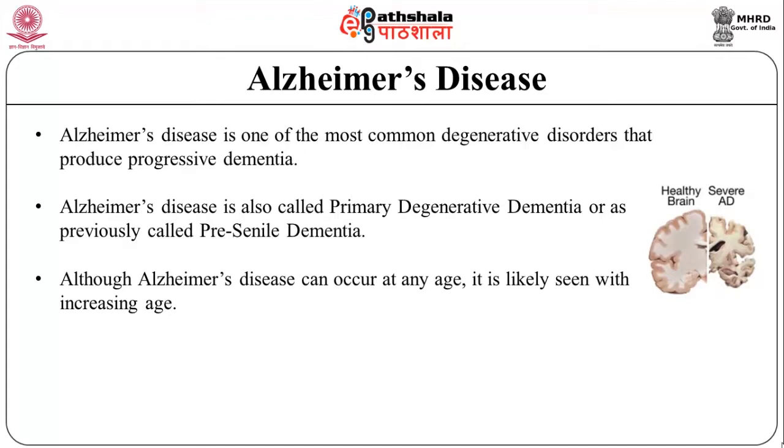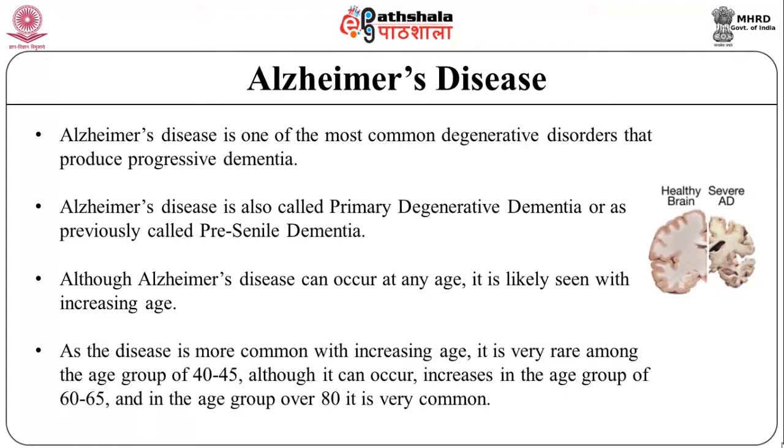Although Alzheimer's disease can occur at any age, it is likely to be seen with increasing age. It is very rare in the age group of 40 to 45 years, although it increases in the age group of 50 to 65, and in those over 60 years, it is very common.